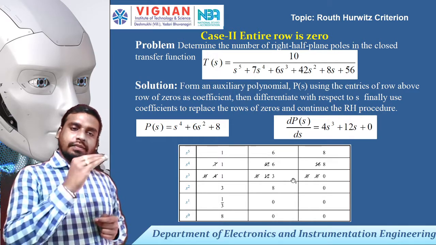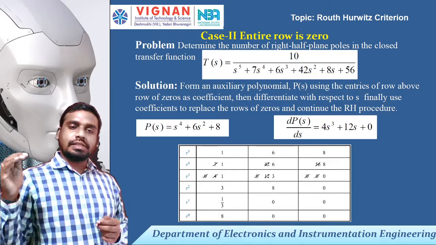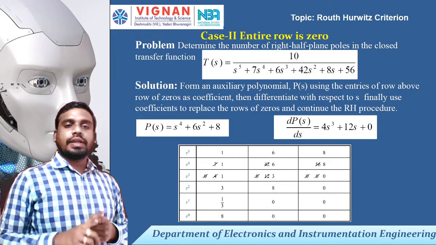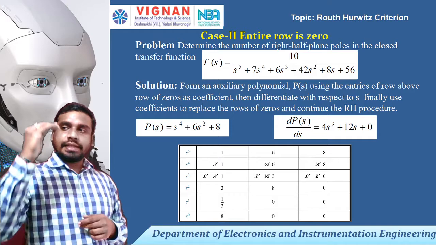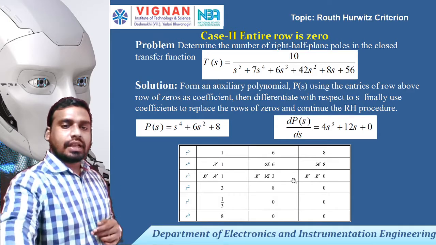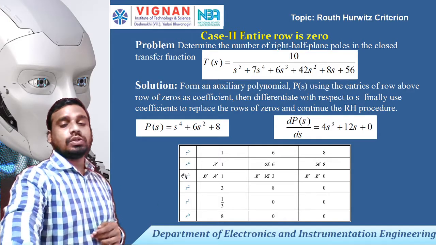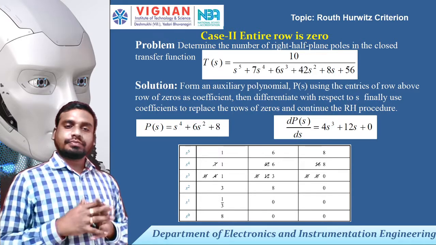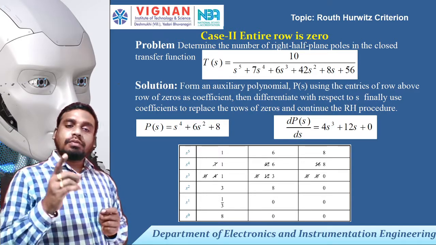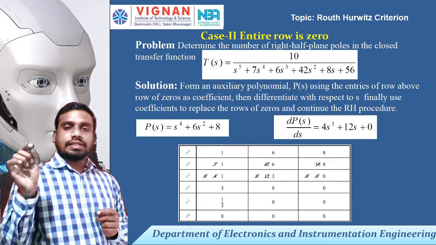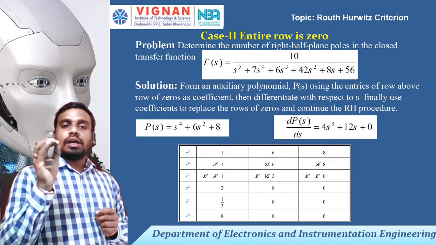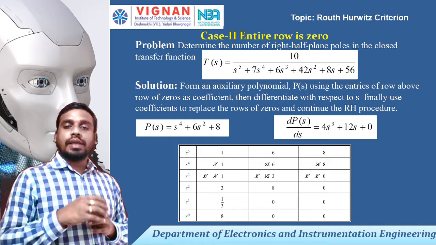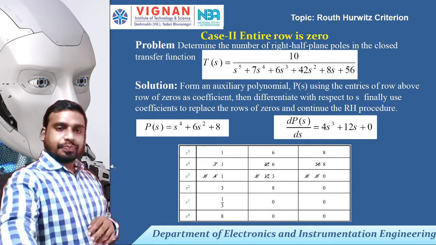Once the whole row becomes 0, what you have to take is the preceding row. That is, here in s cube you are getting 0, so you have to take the preceding row, that is s power 4, and the s power 4 row equation is called the auxiliary polynomial P of s.